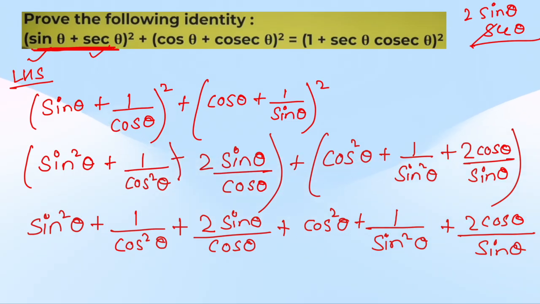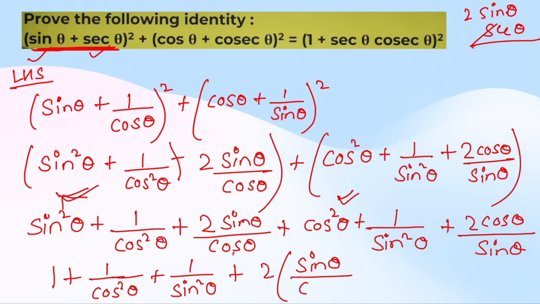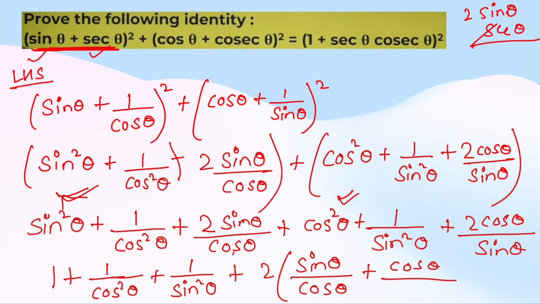It will make 1, right? They will make 1 plus, let's keep them together, 1 by cos square theta plus 1 by sine square theta. Then I have 2 times sine theta by cos theta and cos theta by sine theta. Clear? Now how to convert it now?